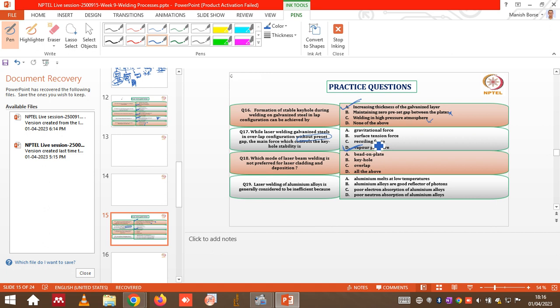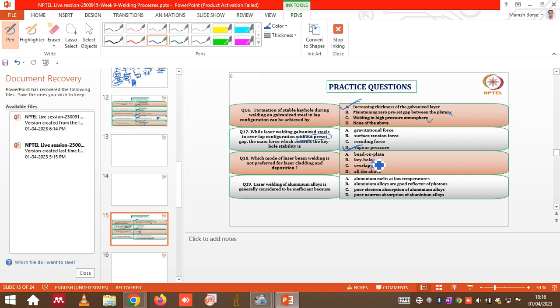And for the 18th question, which mode of laser beam welding is not preferred for laser cladding and deposition? Here they are saying laser cladding and deposition, so it is a surface treatment. Obviously it is not related to any overlap option. Overlap geometry cannot be used, and keyhole geometry cannot be used here because we want only cladding, right?